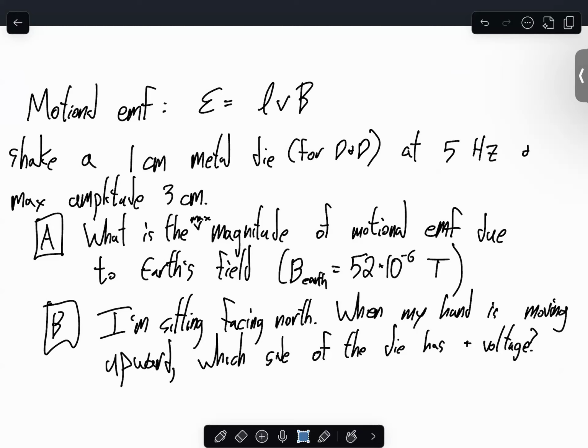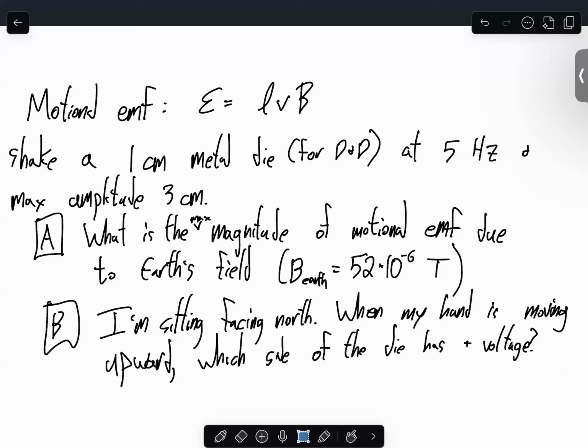My paladin's gonna smite you. So I'm really excited. I'm shaking my die at 5 hertz with a maximum amplitude of 3 centimeters. I want you to find the voltage, it'll be small, induced in the die by dint of moving at the speed that you must figure out through the magnetic field of the Earth.